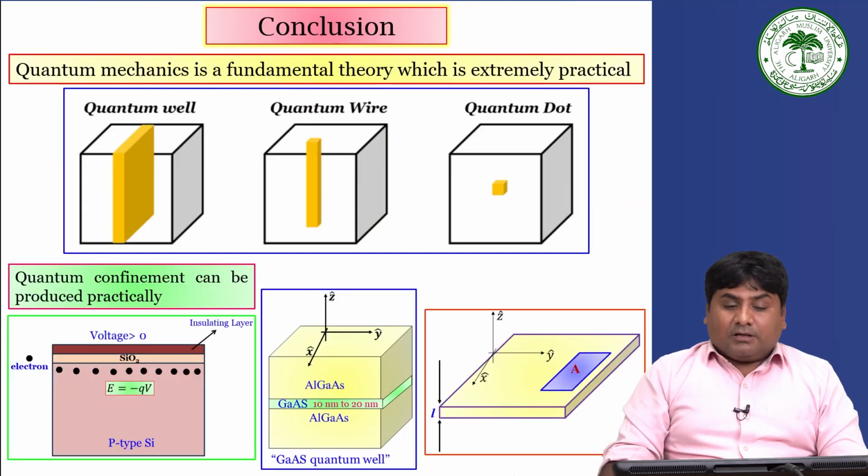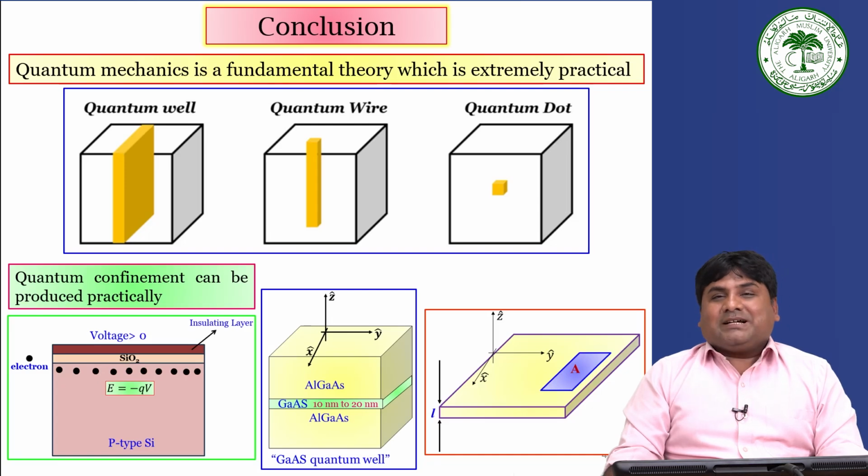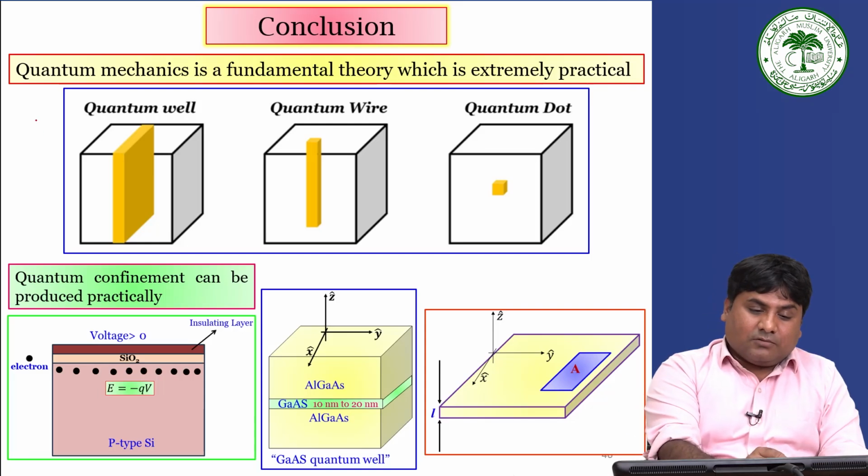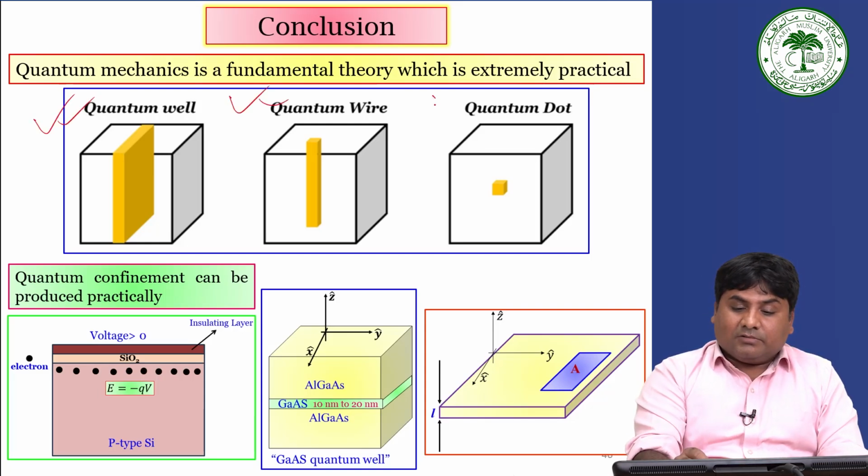So now the conclusion. You already know the theory part of quantum mechanics. You have to understand that quantum mechanics is a fundamental theory which is extremely practical. That means you can apply this theory in various cases like quantum wells, quantum wires, quantum dots.